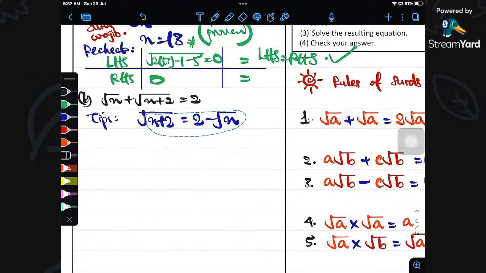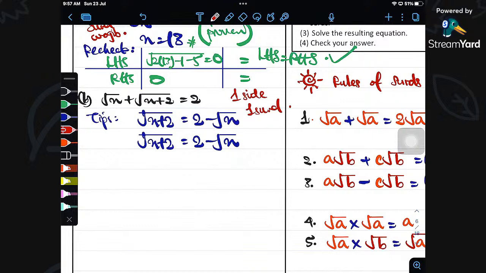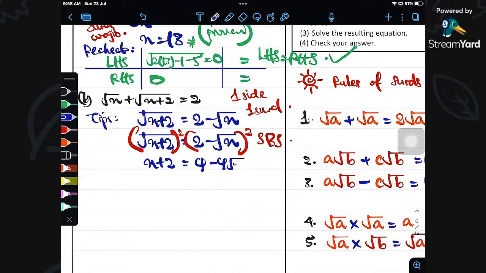And so, dah dapatkan satu side, you punya aim adalah one side, one surd kan? One side, one surd. Itu goal kita kan? That's the technique, that's the tips. Next step is where you need to square both sides. Now this is called as square both side technique. Okay, apabila kita dah square both side, kita akan dapat x plus 2. This is gonna give us 4 minus 4 square root x minus x. Okay, saya buat laju ya.